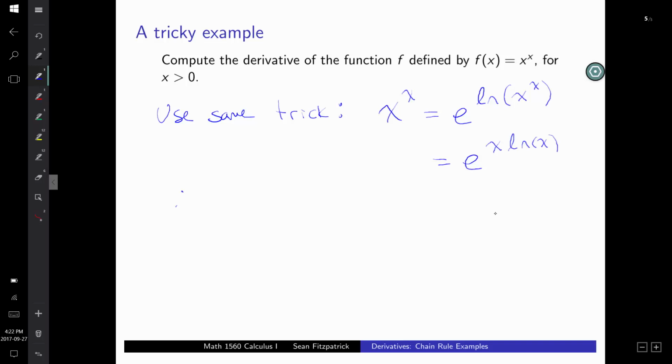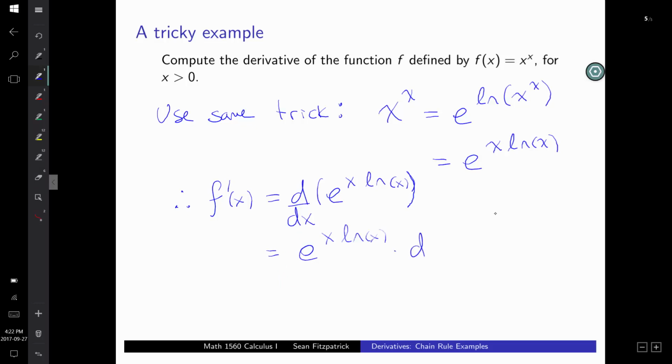Alright, so that means that f prime of x is the derivative of e to the x log x. And as before, the exponential function sticks around, e to the x log x, and we multiply by the derivative of the exponent.